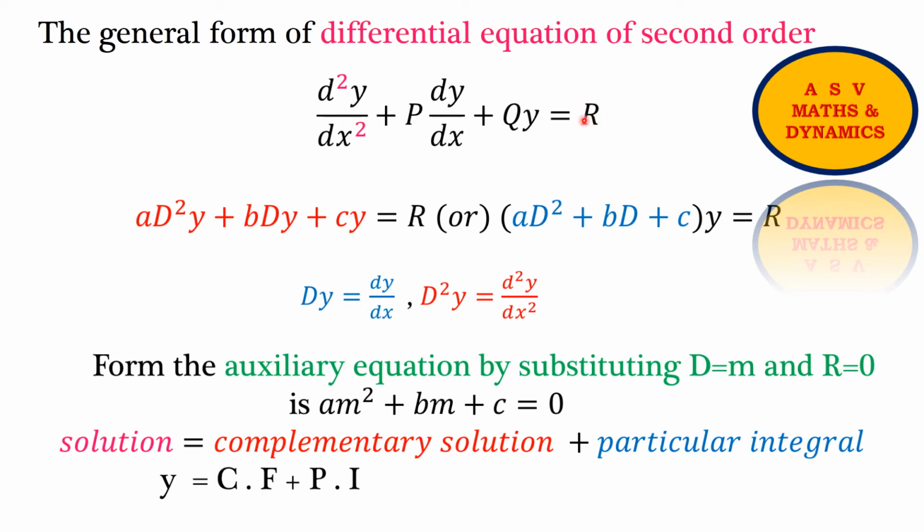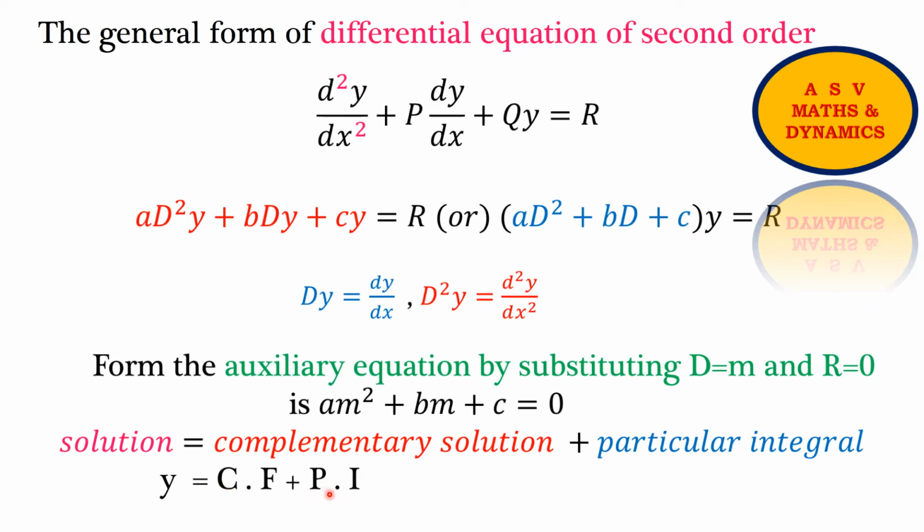For the particular integral, how many ways it can come, I prepared a chart. From the chart you can understand. So using this equation you have to find the particular integral according to the rule, then you have to write the answer: y is equal to the complementary function plus the particular integral.